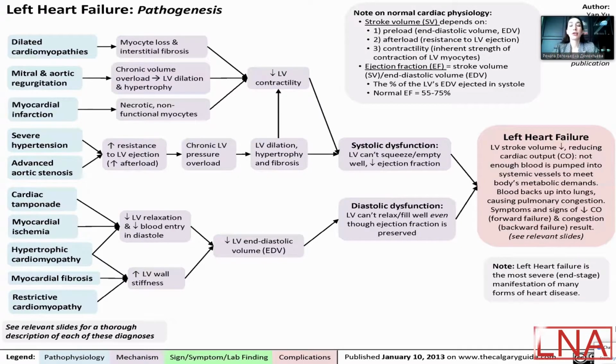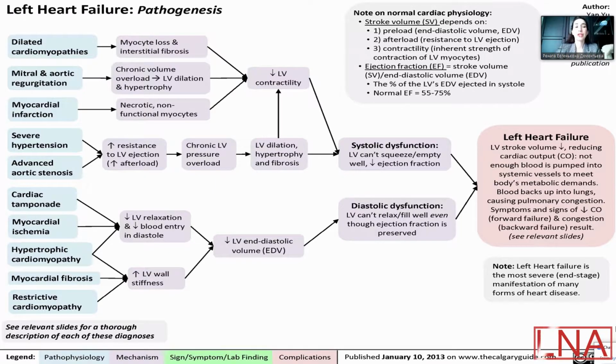Left ventricular stroke volume decreases, reducing cardiac output, so not enough blood is pumped into systemic vessels to meet the body's metabolic demands. Blood backs up into the lungs, causing pulmonary edema and pulmonary congestion. Symptoms and signs of decreased cardiac output, forward failure, and congestion, backward failure, result.